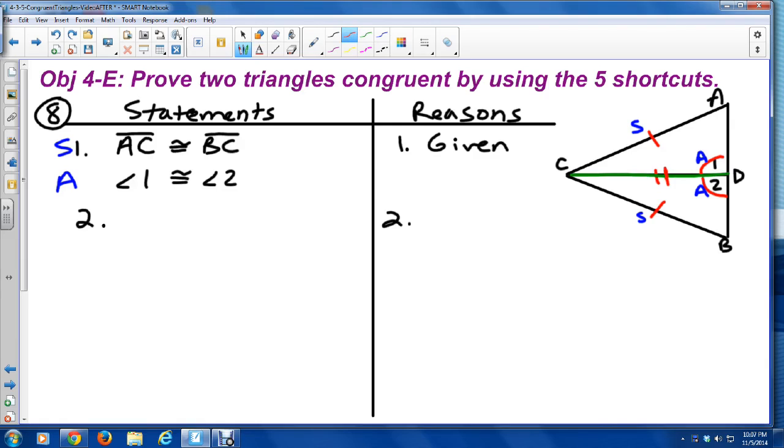Okay, in my video last night, I showed you that if you separate those 2 triangles, segment CD is a side in both triangles. So I literally have to say in my proof that CD is congruent to CD.